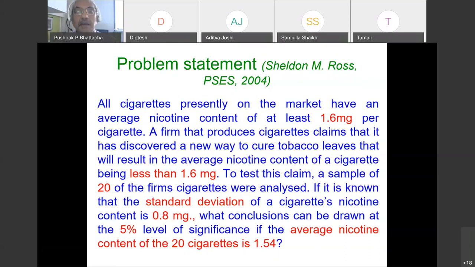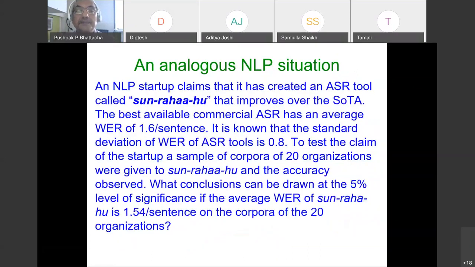So I take actually an NLP application, and an NLP startup claims that it has created an automatic speech recognition tool called Sun Rahahu. Hypothetical, suppose the tool is called Sun Rahahu. And this improves the state of the art.